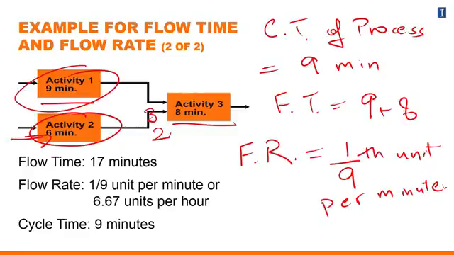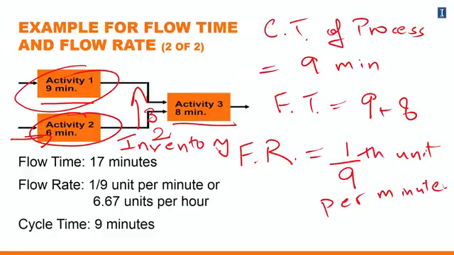So if you keep introducing items into this process at the rate of 1 every 6 minutes, the inventory at this spot is going to keep on increasing all the way to infinity. Activity 1 is never going to be able to get stuff done quickly enough to match activity 2 or activity 3. So inventory is going to build up if you were to introduce material into the system at any rate other than 1 every 9 minutes.